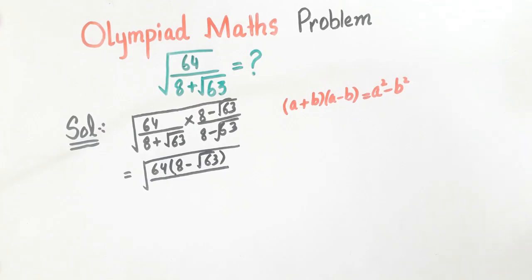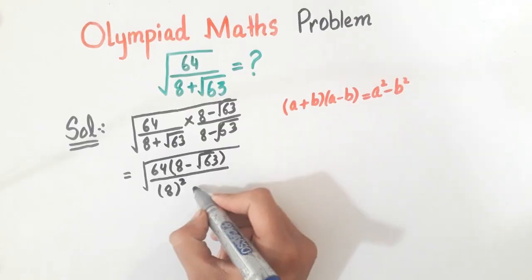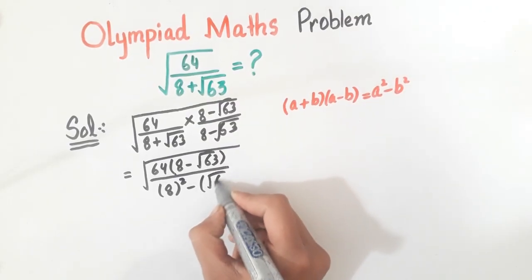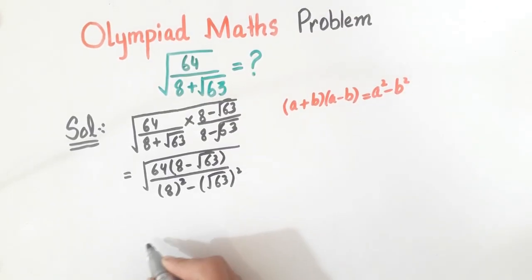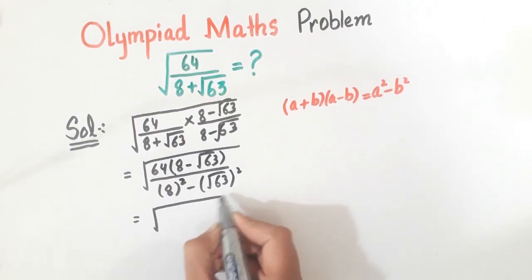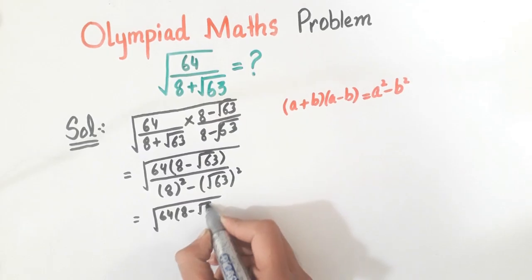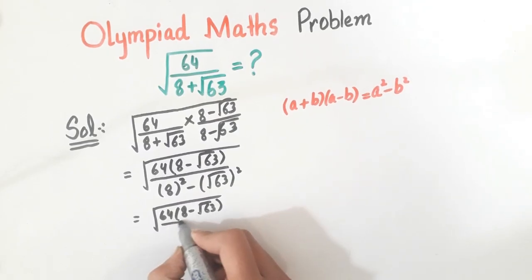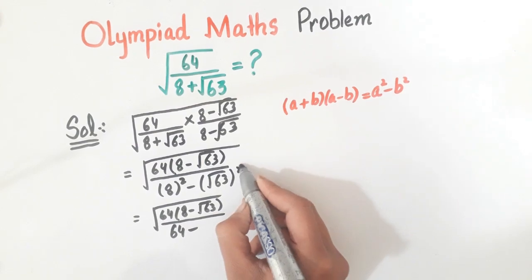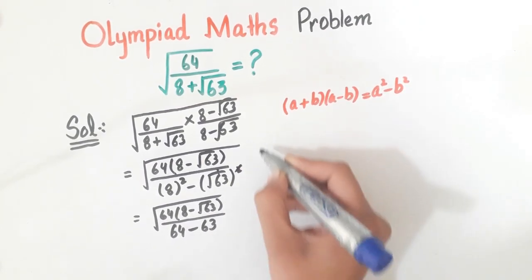So we will apply this formula in the denominator. So we get 8 square minus square root 63 square. Now in the next step, we will write square root 64 into 8 minus square root of 63 divided by 8 square is 64 minus this square is cancelled out by this square root, so we have only 63.